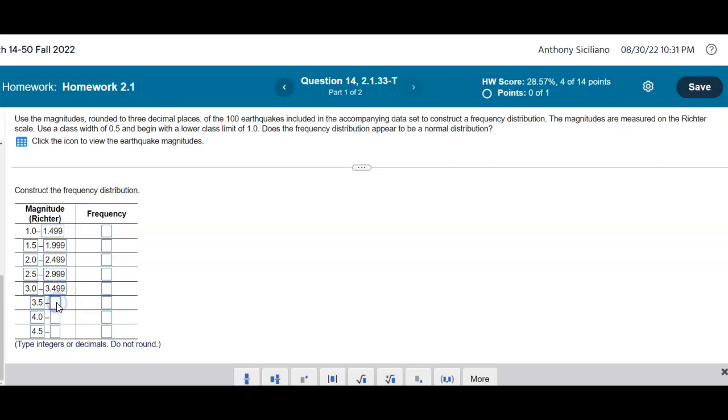Then 3.999, then 4.499, and the last one's going to be 4.999. Again, you can add 0.5 to each of these numbers, whether on your calculator or in your head.